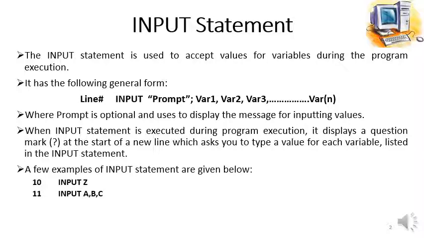This statement will accept three values for a, b, and c. Input address$, where the dollar sign shows that it's a string variable, so it will take a string, which is an address of any person or any place, and it will be stored inside this string variable address.